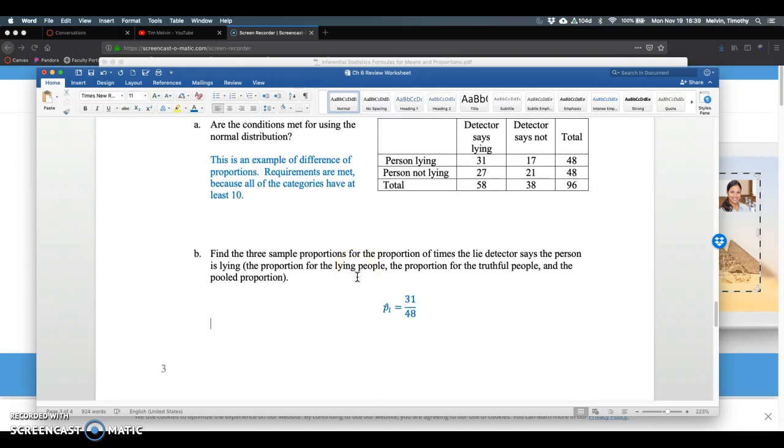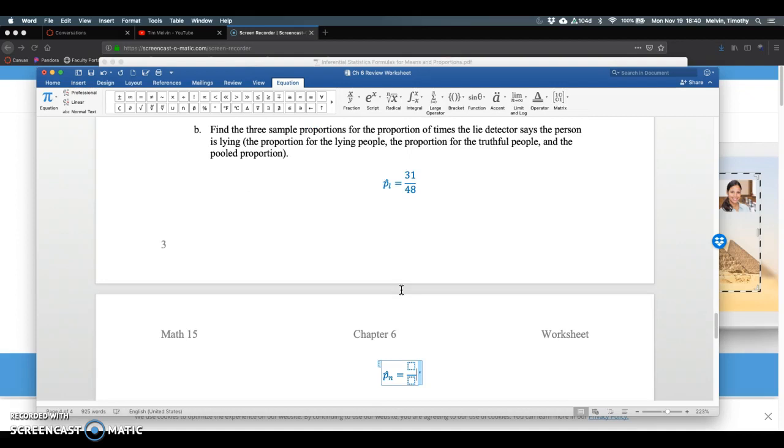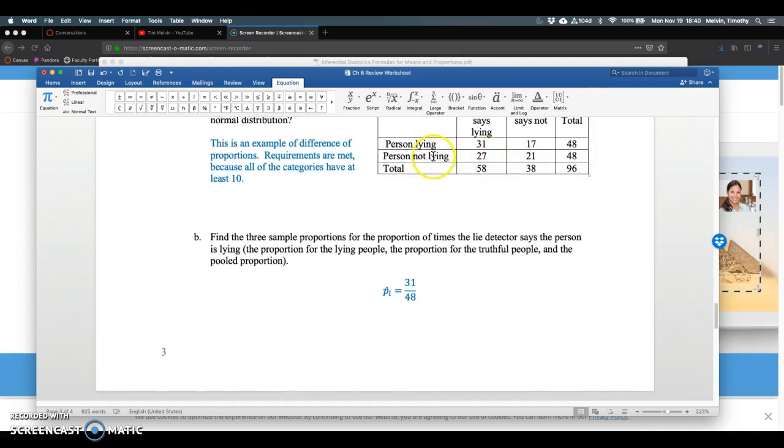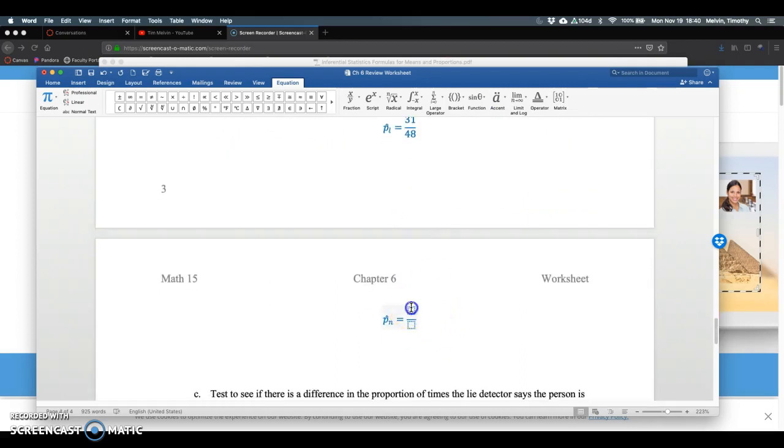And if we look at p-hat sub N, this is going to be for not lying. Let's scroll up here: for not lying, 27 of the 48 times it says it's lying. So 27 out of 48.